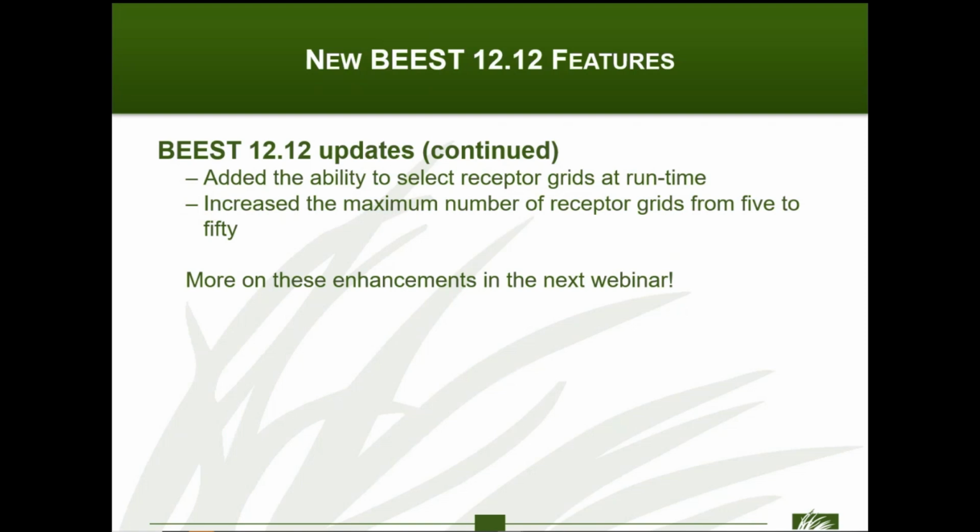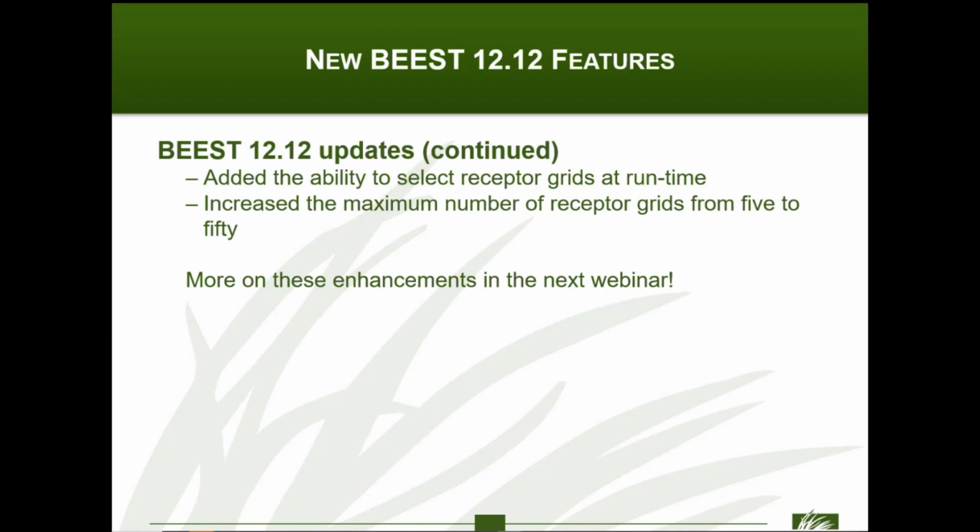One thing I want to mention just briefly, because this is going to be covered in more detail in the following webinar: we have also added the ability to select the receptor grids you want to use at runtime.